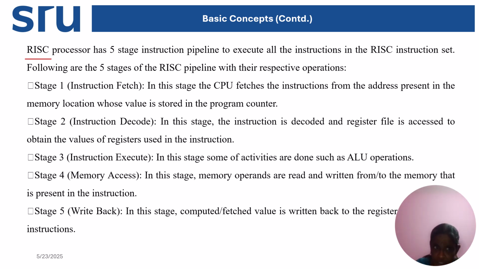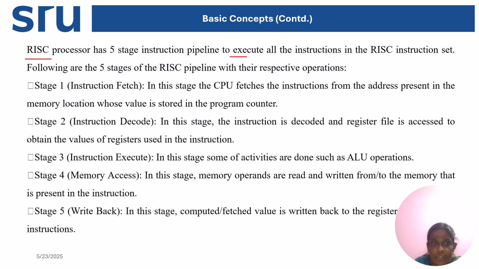Because we are considering a RISC processor here, any instruction is divided into 5 segments so that 5 stages of the instruction will be executed. So there is a 5-stage instruction pipeline to execute all the instructions in the RISC instruction set.